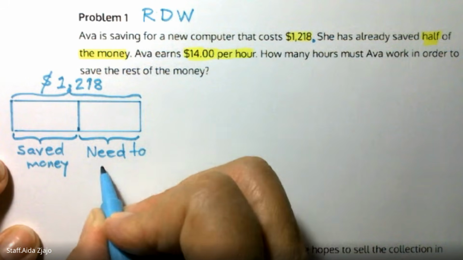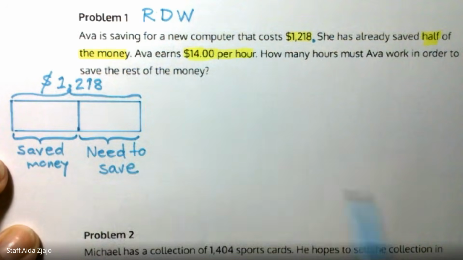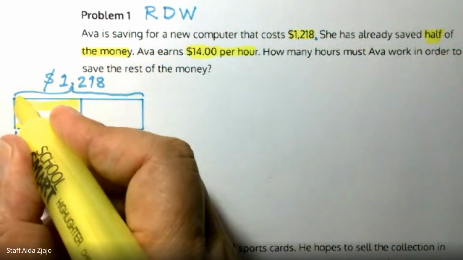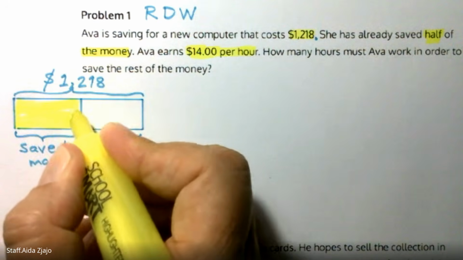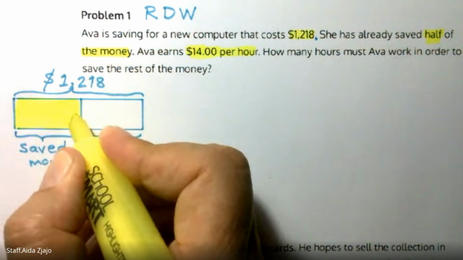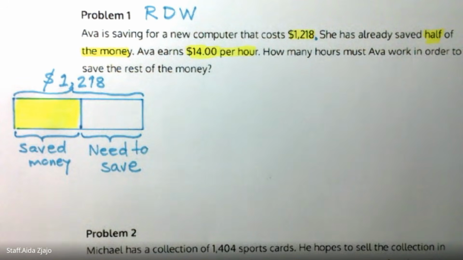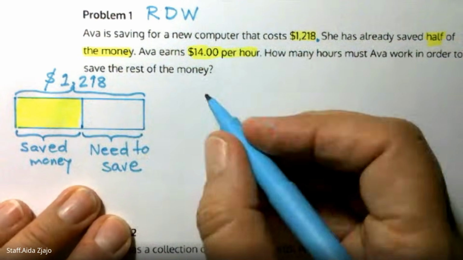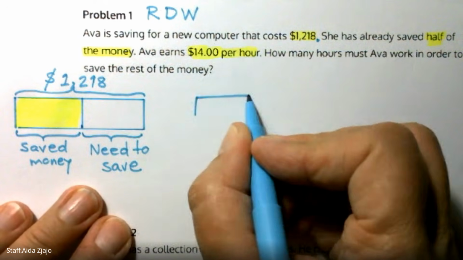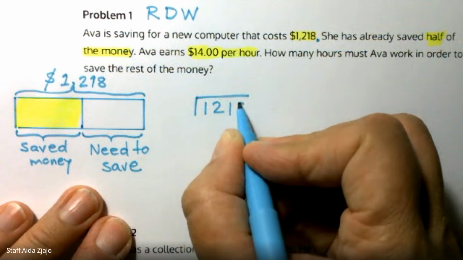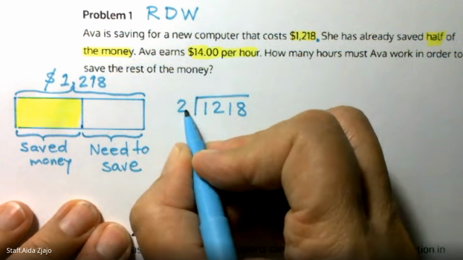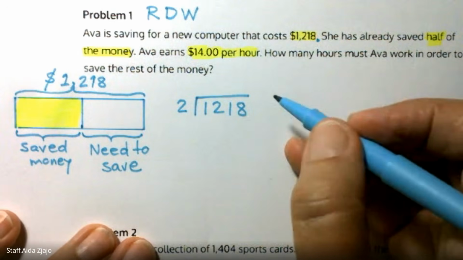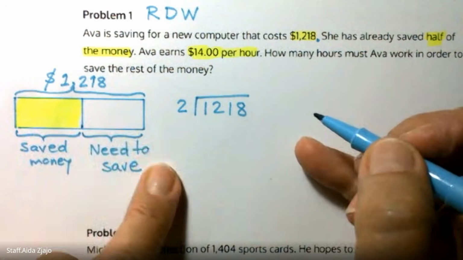When we think about half, it means that you divide the amount into two equal pieces. So if the computer costs $1,218, we can divide into two, and it will give us how much each half is.